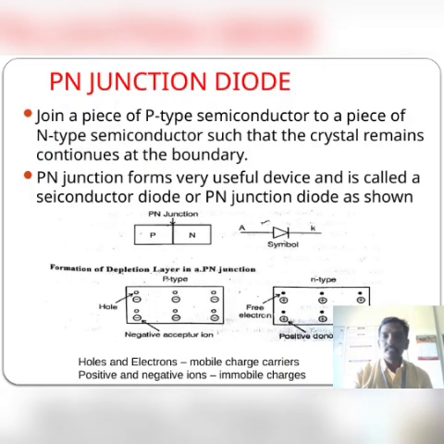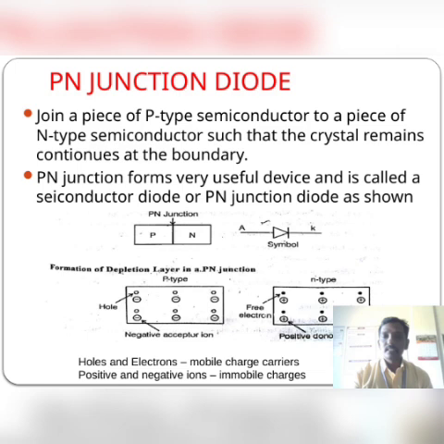The PN junction diode is a two-terminal semiconductor device. The two terminals are the anode and the cathode.